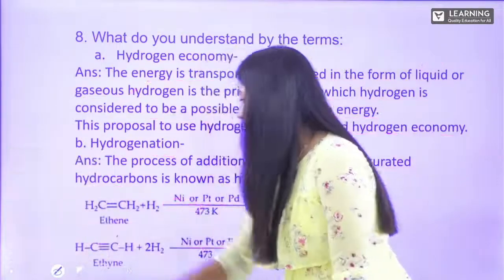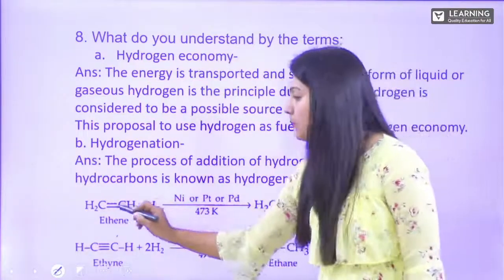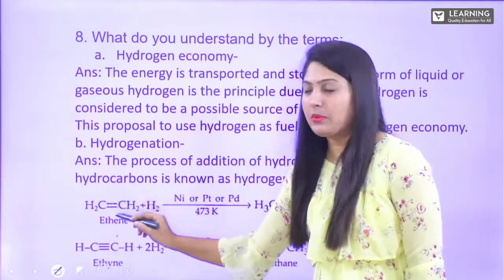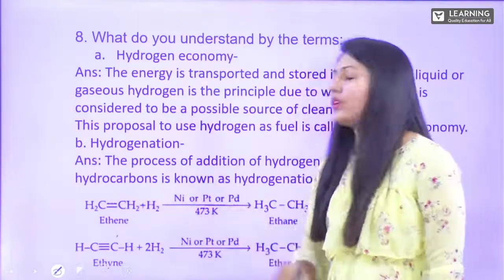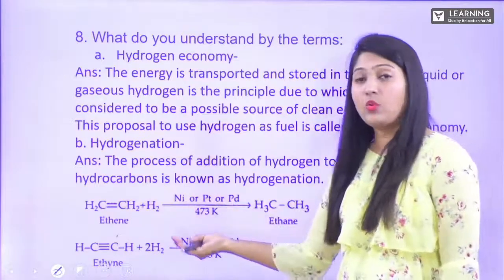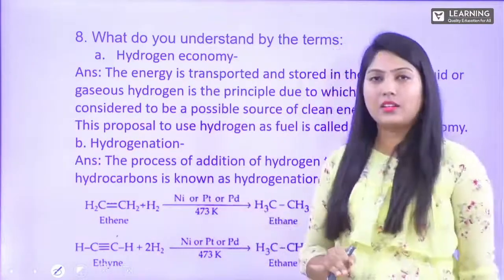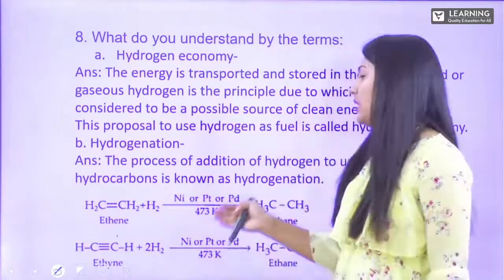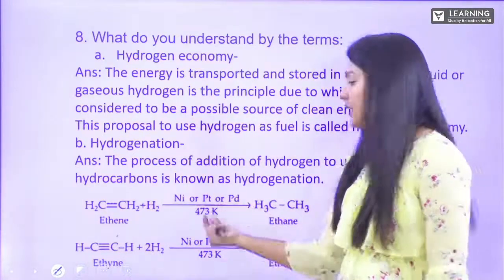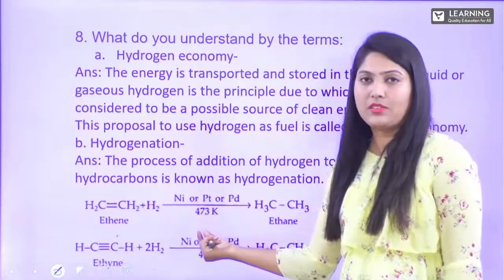We have the example here, ethene, where a double bond between carbon atoms is present when it is added with hydrogen. Directly you cannot. We require a catalyst here. So what is the catalyst we are using? Nickel, palladium or platinum in presence of hydrogen at a particular temperature, 473 Kelvin.